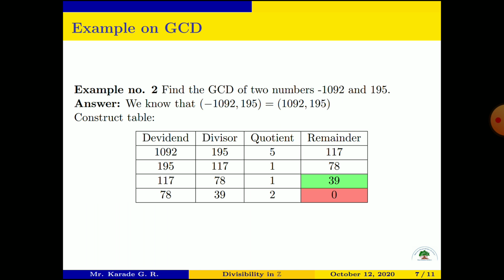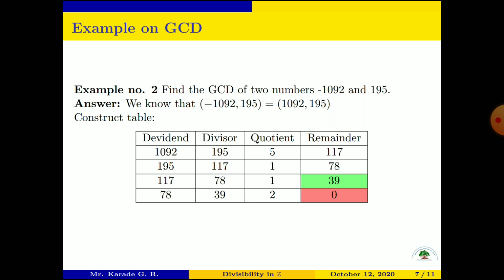Consider the next example. Find the GCD of two numbers minus 1092 and 195.